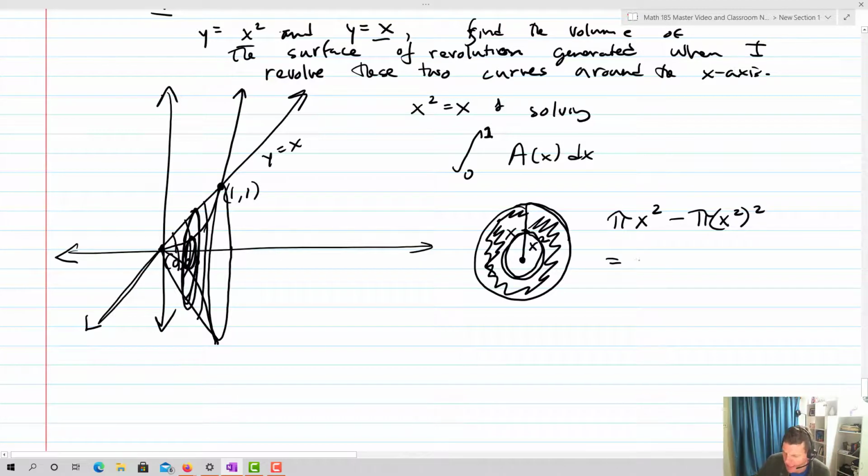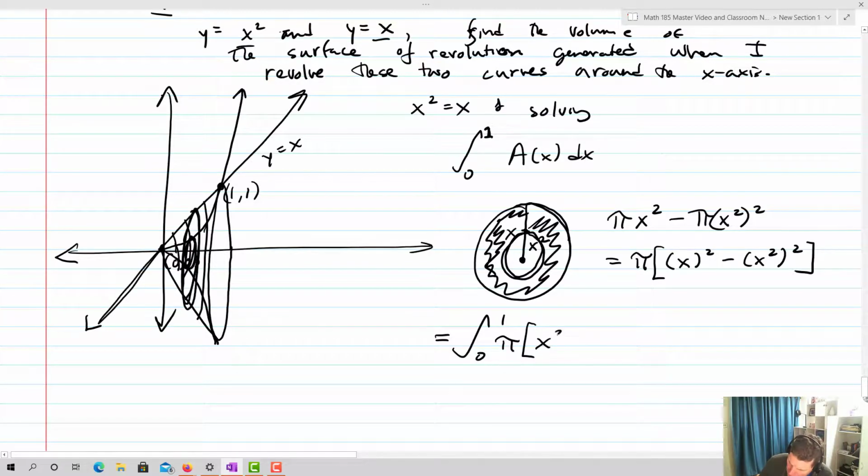This equals pi times x squared minus x squared squared, which ends up equaling the integral from 0 to 1 of pi times x squared minus x to the fourth, dx.